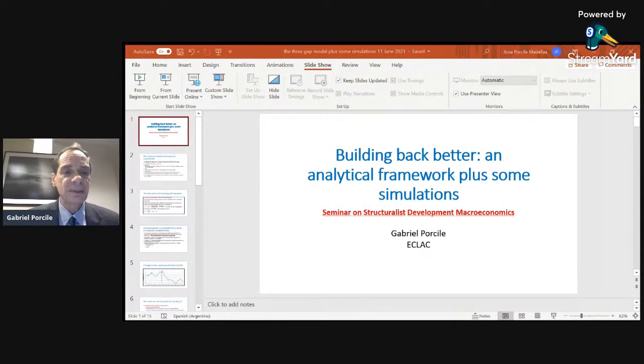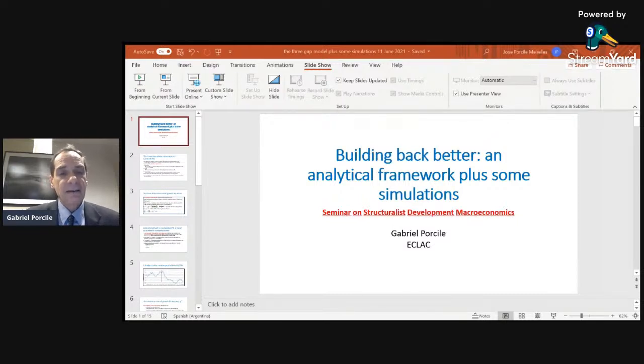which is the traditional Thirlwall's law, very well known among heterodox economists. We can summarize the idea by saying that, from an economic point of view, the rate of growth which is sustainable depends on the income elasticity ratio, which is the ratio between the income elasticity of exports and the income elasticity of imports, times the rate of growth of the center.